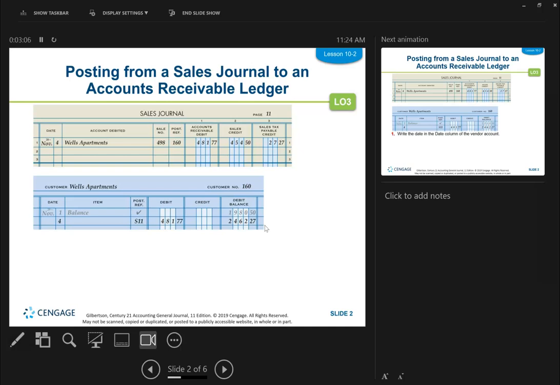The sales journal is where people are buying things from us and we're recording those sales. If people are buying on credit, on account, we have to record that debt.